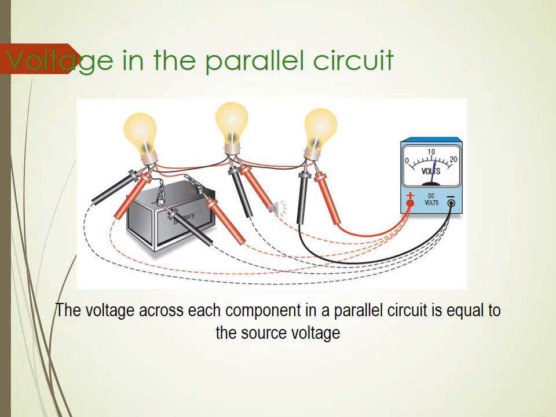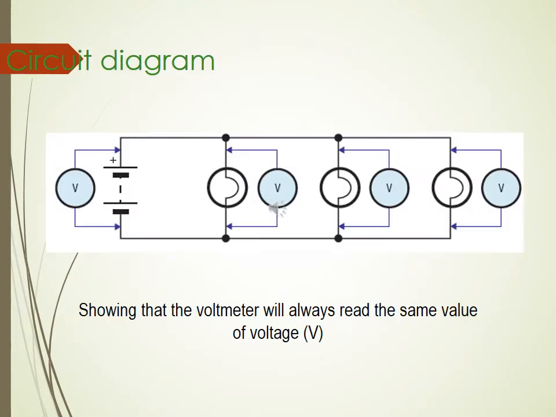Simply reiterating that if you were to get a voltmeter and measure the voltage across the 12-volt battery, you would read 12 volts. You would also read 12 volts across each of the lamps. Electrical diagram confirming that the 12-volt battery voltage appears across each of the lamps.